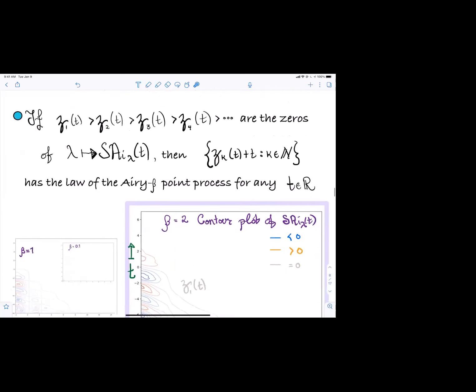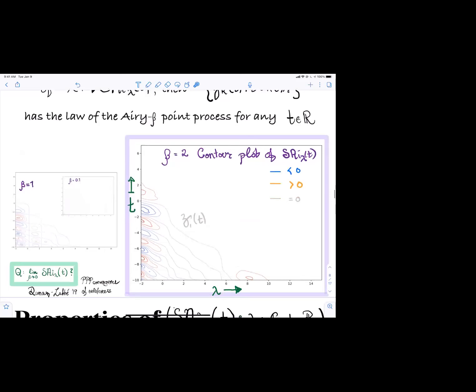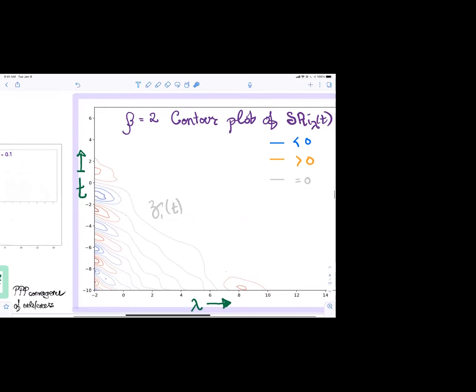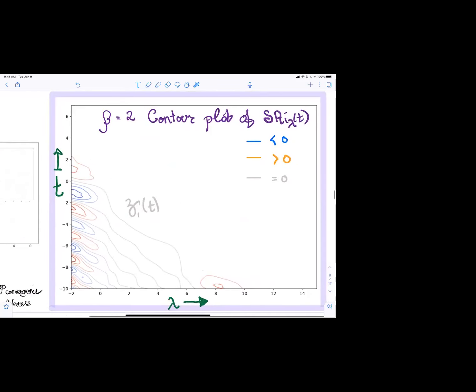So just to illustrate this, here are some contour lines of the stochastic Airy lambda t picture. The lambda parameter is on the bottom and the t is on the vertical. And I've drawn contour lines at 0.